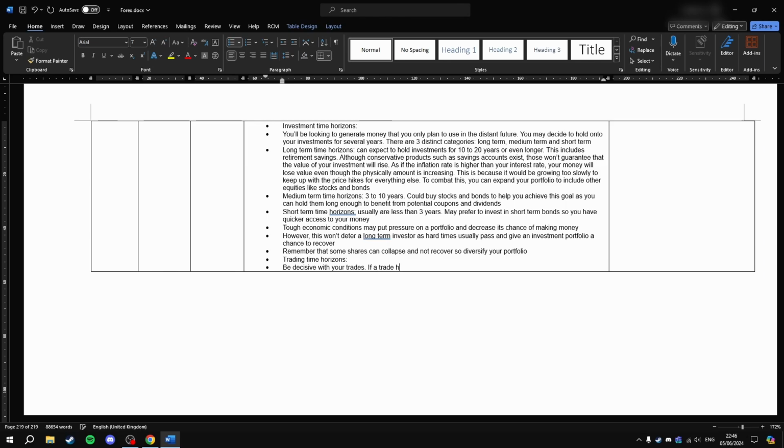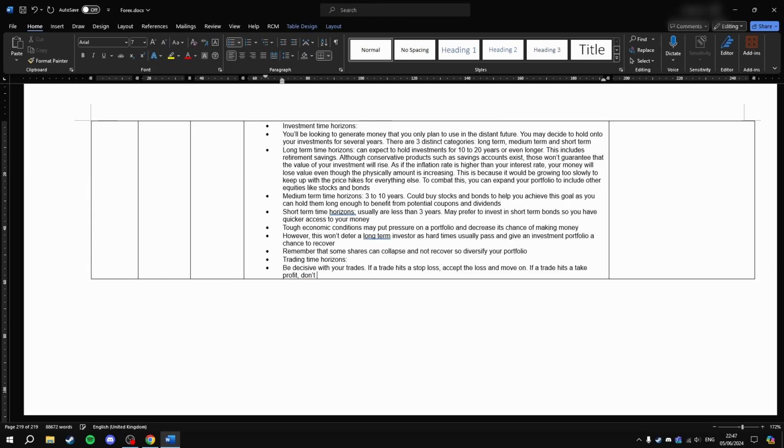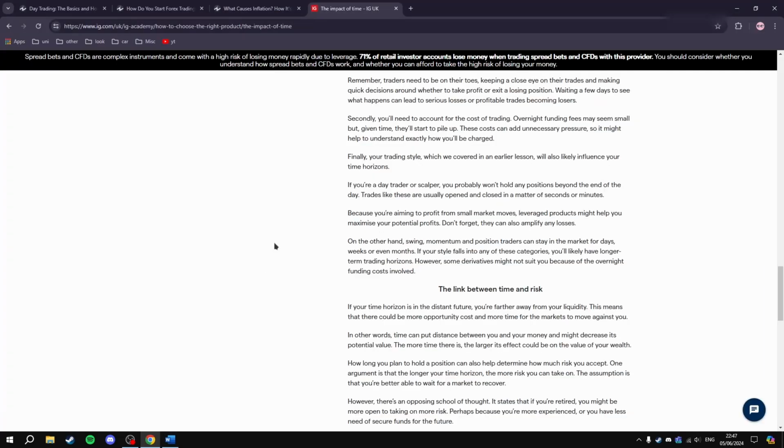If a trade hits a stop loss, don't adjust it or anything like that. Just move on. Accept the loss and move on. If a trade hits a take profit, don't be greedy for more.